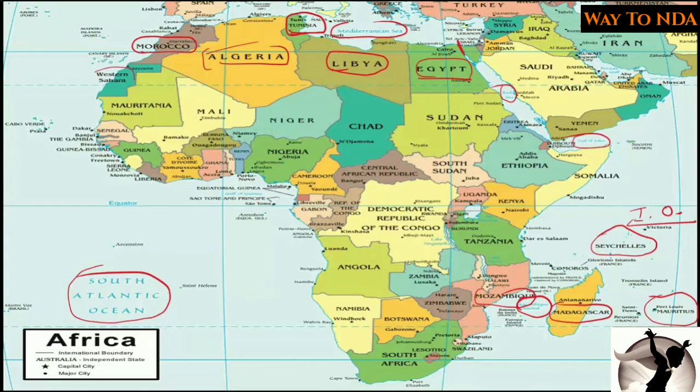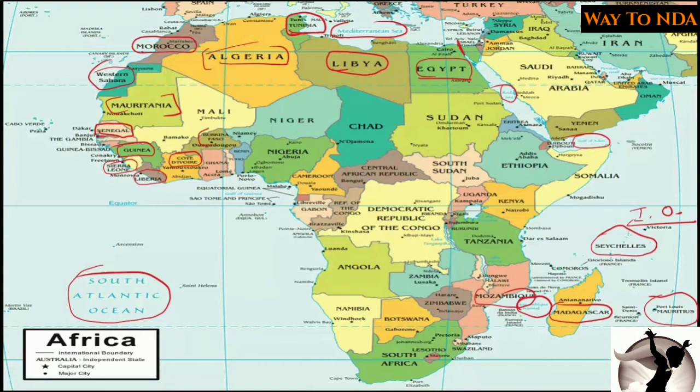this is Western Sahara, this is Mauritania, this is Senegal, and this is Guinea. Here you can find Sierra Leone, then Liberia, and here is the small country Côte d'Ivoire.